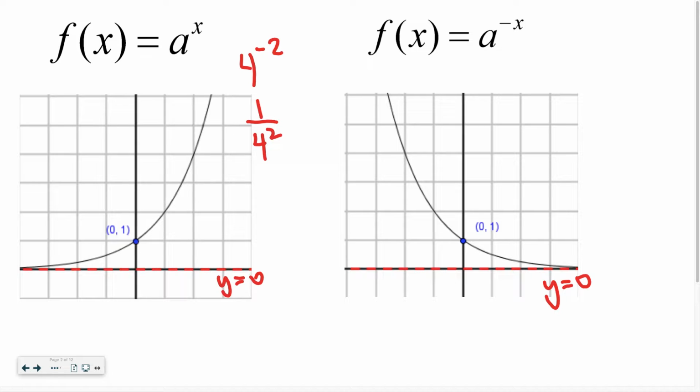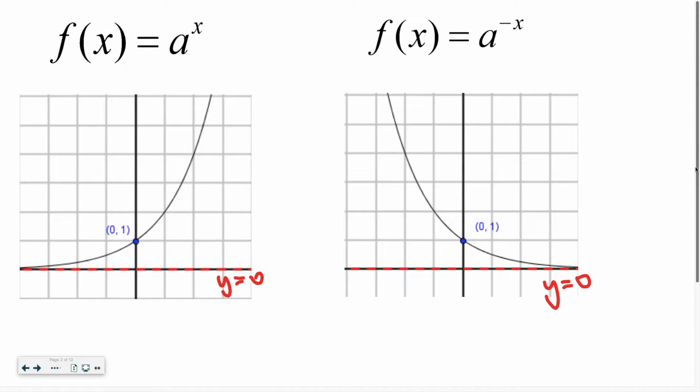Okay? Still going to be a positive number. All right? So, we have this asymptote here that's basically protecting all of those negative values because we're not ever going to get there. We can't even get a 0 out of the deal. Okay? So all of our numbers will be positive.